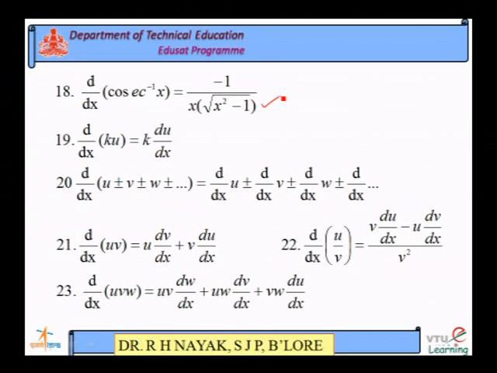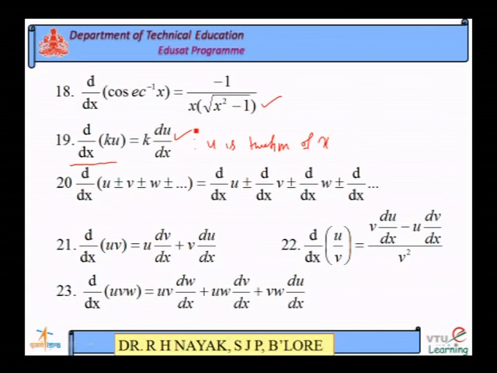Then the rules of differentiation from 19 onwards, we call them the formulas or rules of differentiation. If we have a function into constant, k into u, where u is a function of x, then we have to keep the constant as it is and the function is to be differentiated.